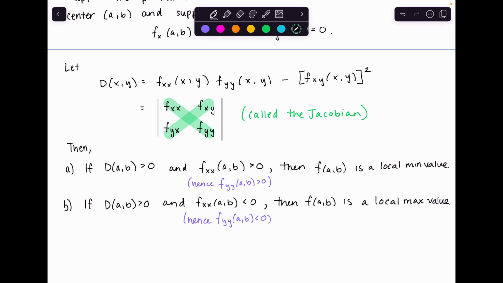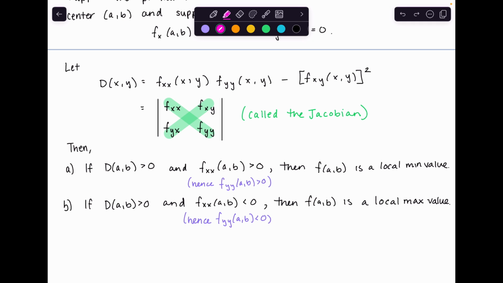Then we have one last case to consider. If this thing is overall negative, that means one of two things. Either these are mismatched in sign, so in one direction you have concave up, the other direction you have concave down. That's kind of a contradictory statement because in one direction it's looking like it's a local max, and the other it's looking like a local min.